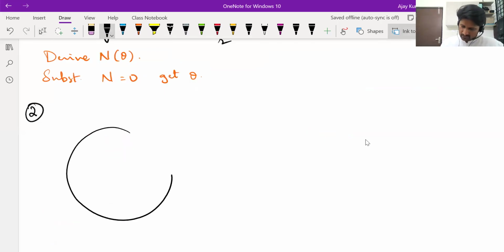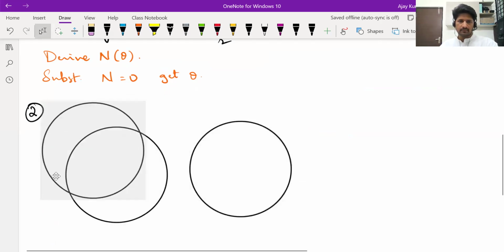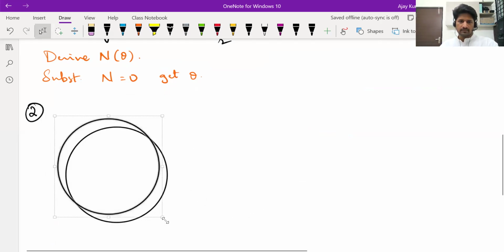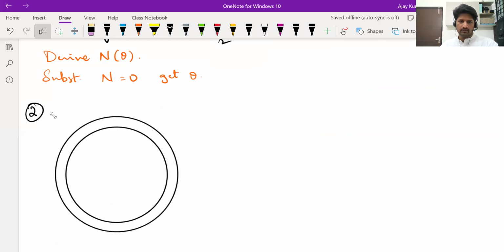Suppose there is a tube like this. Just a moment. Let me make this a tube. The width of the tube is negligible. It's a narrow tube.